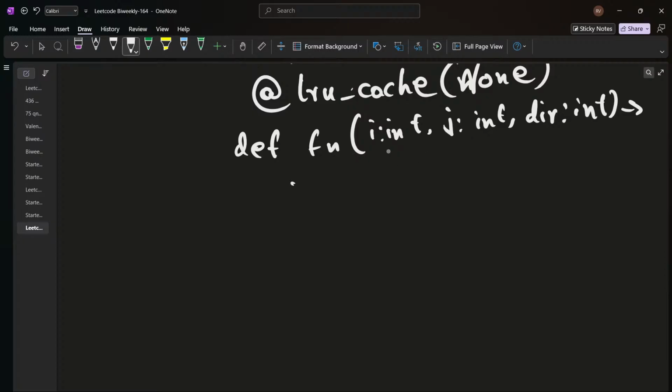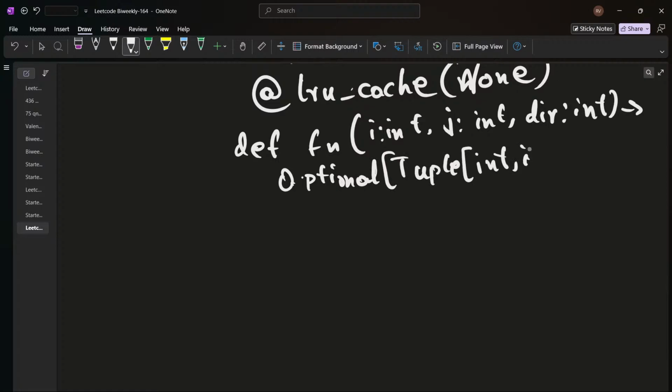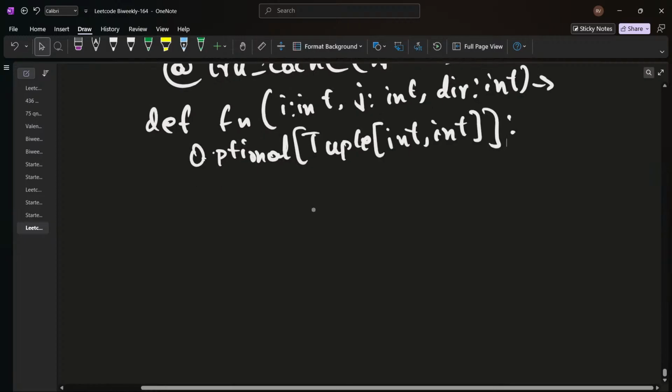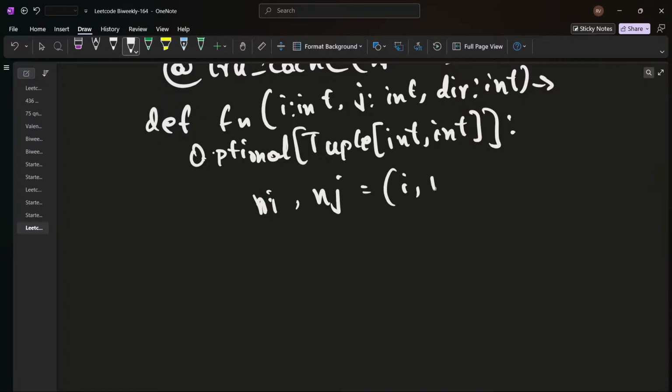Int, optional, tuple, int comma int. There's my function. I'll just move the screen a bit this side. Now what I'll do, I'll take ni, nj is equal to i comma j plus 1 if direction equal to 0, else i plus 1 comma j.